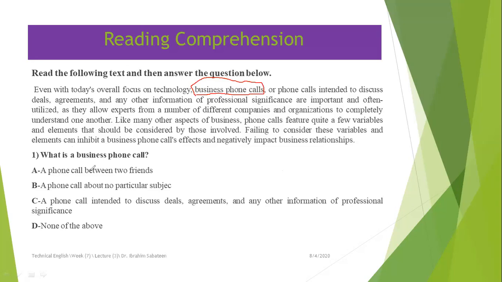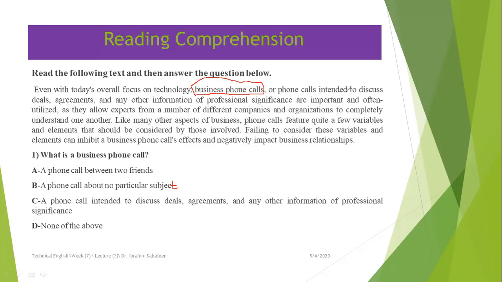Is it a phone call between two friends? مكالمة بين صديقين؟ No. A phone call about no particular subject, or a phone call intended to discuss deals, agreements, and any other information of professional significance. D, none of the above. ولا واحدة يعني لا A ولا B ولا C. Which one is correct? Do you see here?